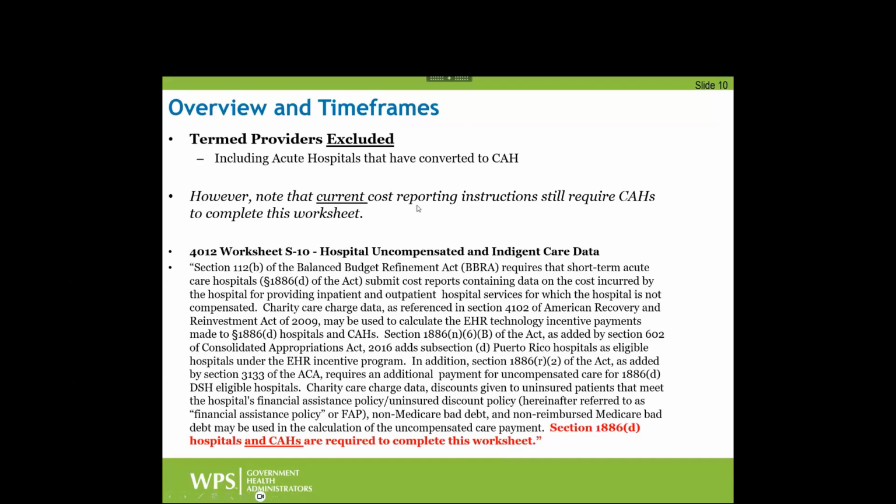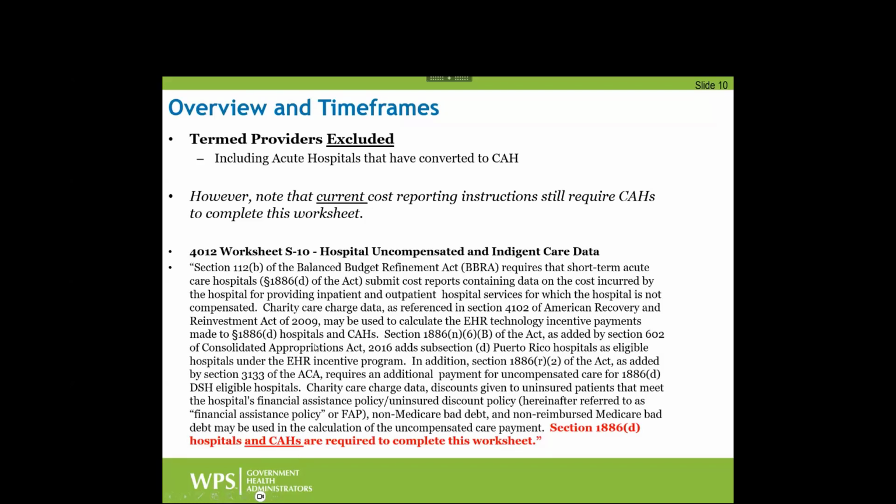Now, the other interesting thing about this is on the worksheet S-10 instructions, at the very end it says Section 1886(d) hospitals, which are acutes, and critical access hospitals are required to complete this worksheet. We are absolutely not using this data for an S-10 audit for a critical access hospital. The only time S-10 data was ever used for a critical access hospital was for the EHR incentive payments, which have been gone for a number of years now.